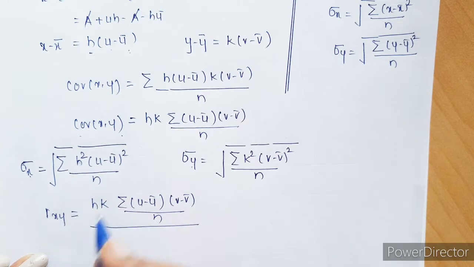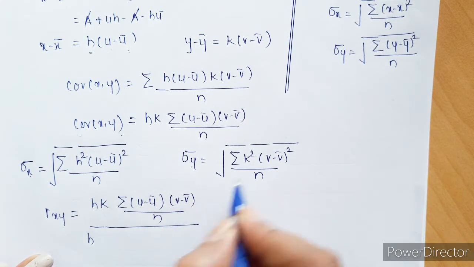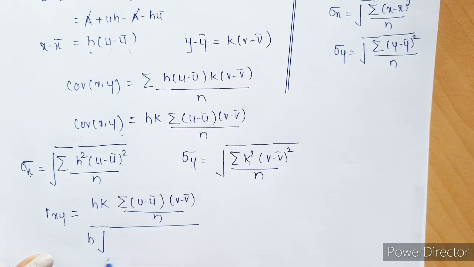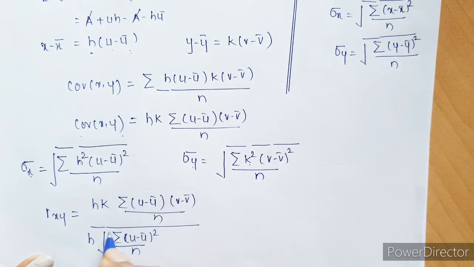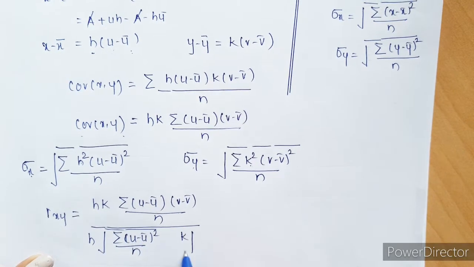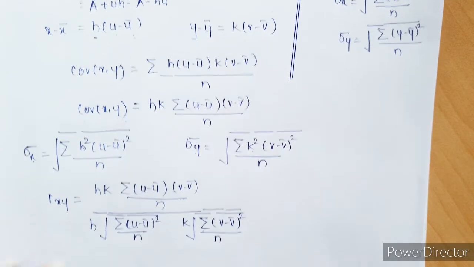Now h is a constant, so I am taking it out. Similarly, k is also constant. What remains is the summation of (u minus u bar) whole square upon n. Taking k out, what remains is the summation of (v minus v bar) whole square upon n. These are the deviations of variable v.